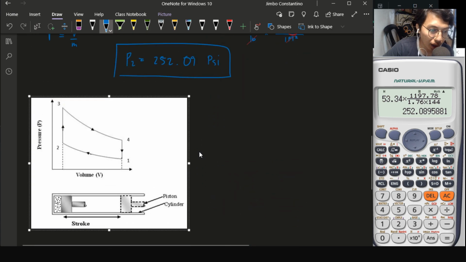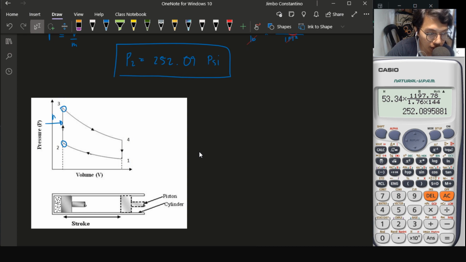Ito natin dyan. Para maayos. Okay. At process 2 to 3, meron tayong heat addition. Same lang naman ang volume, VC. Okay. Process 2 to 3, constant volume where V2 is equal to V3. Ibig sabihin that is equal to 1.76 cubic foot per pound.